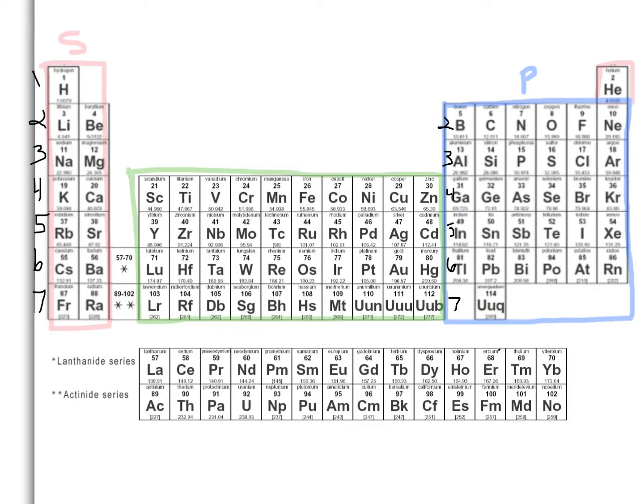We have 3D, right beside scandium. 4D, 5D, 6D. So there's no such thing as a 1D or 2D, and no such thing as a 7D. So this was our D block.